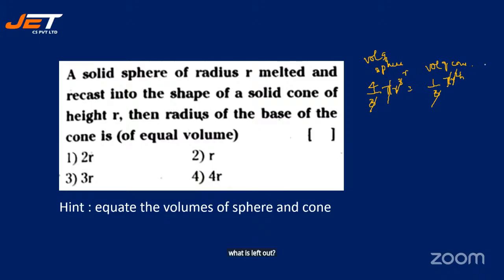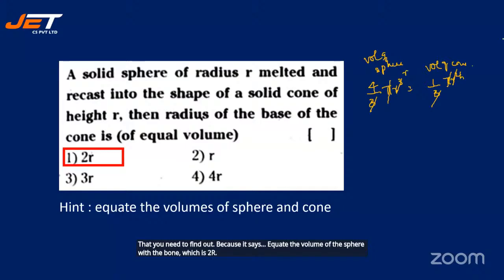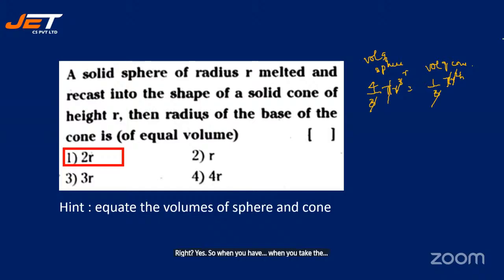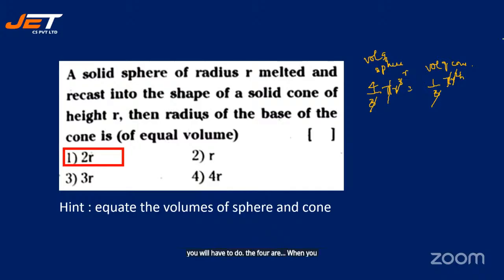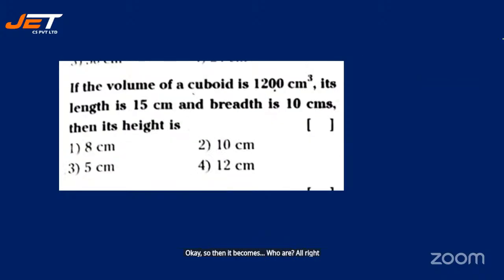That you need to find out. Because it says equate the volume of the sphere with the cone, which is 2r. Right? Yes. So when you take the equal proportion of these both, you will have to do the 4r you have to divide by 2. Okay. So then it becomes 2r. All right. Yes.